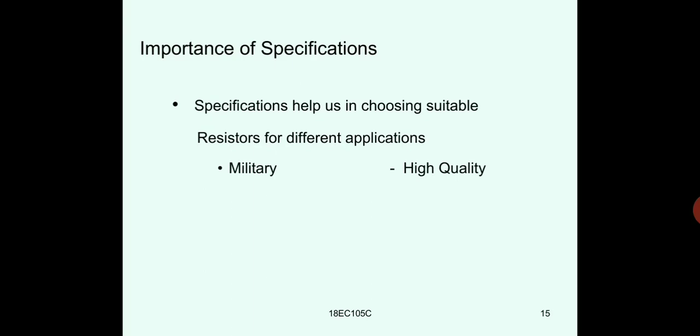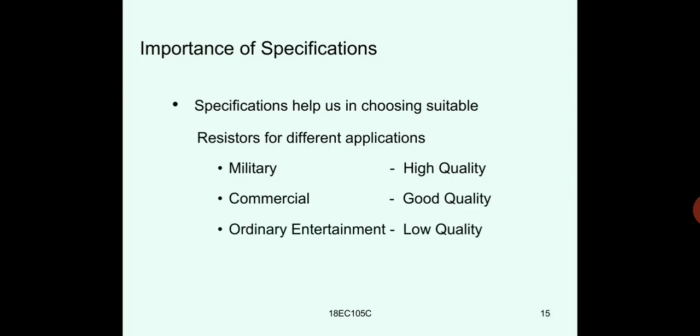That is military applications, which require very high quality and stringent working situations or environmental conditions. Then commercial applications, they need reasonably good quality, like our TVs, computers, electronic appliances at home normally. Then ordinary entertainment, they need low quality components.